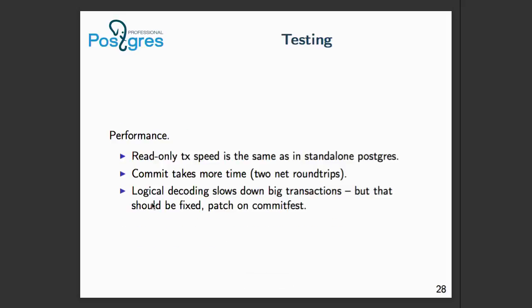Okay, so performance. More or less all performance impact is due to commit taking more time. You have to wait 2 network round trips. And if you have your setup inside one data center, you actually can evaluate how that impacts your load.